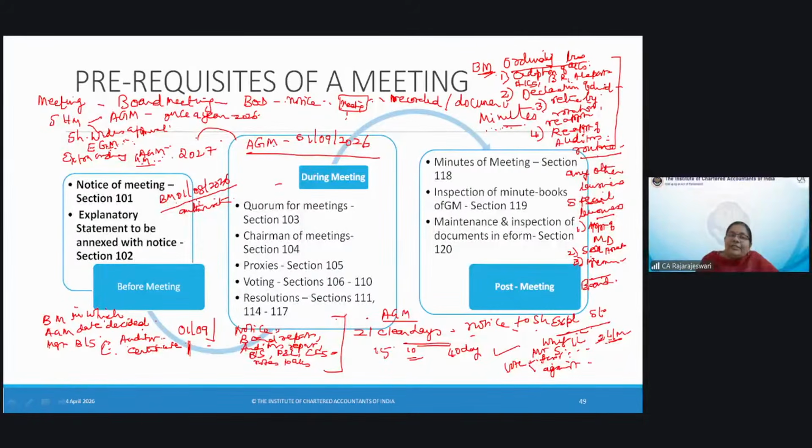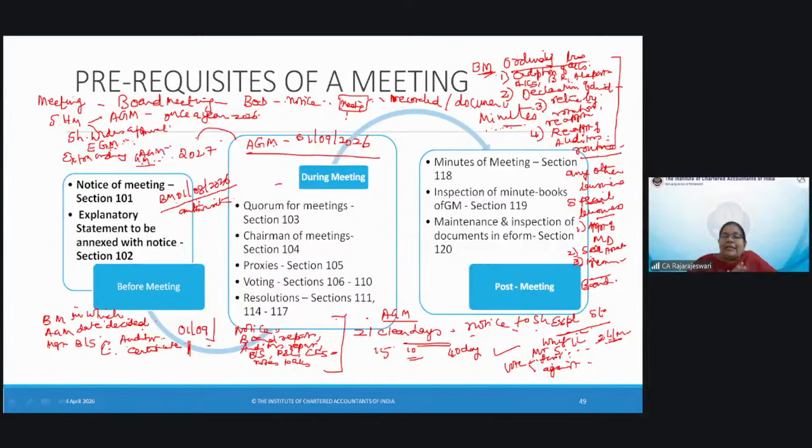So first, before the meeting, the company has to give a notice, and the explanatory statement has to be attached with the notice if there is any special business to be transacted. Then what about an EGM, an extraordinary general meeting? Every business transacted is a special business, meaning the company has to attach an explanatory statement along with the notice of the EGM, even if it is one agenda or two or three. For an AGM, an explanatory statement is not necessary if there is no special business.